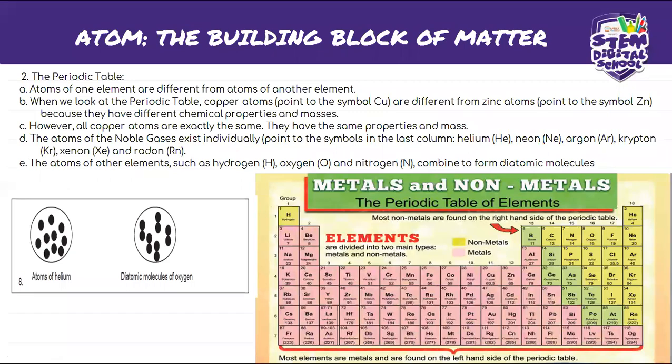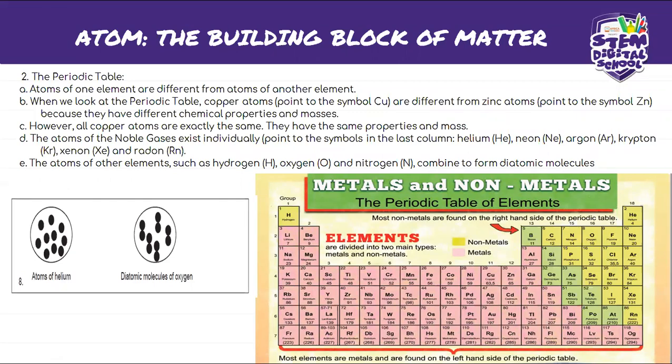Lithium is different from, let's go, can you see argon? Guys, can you see lithium and argon? Lithium is on my far left, argon is on my far right. So what it is saying is that atoms of an element are different from atoms of another element. So they will not be the same.